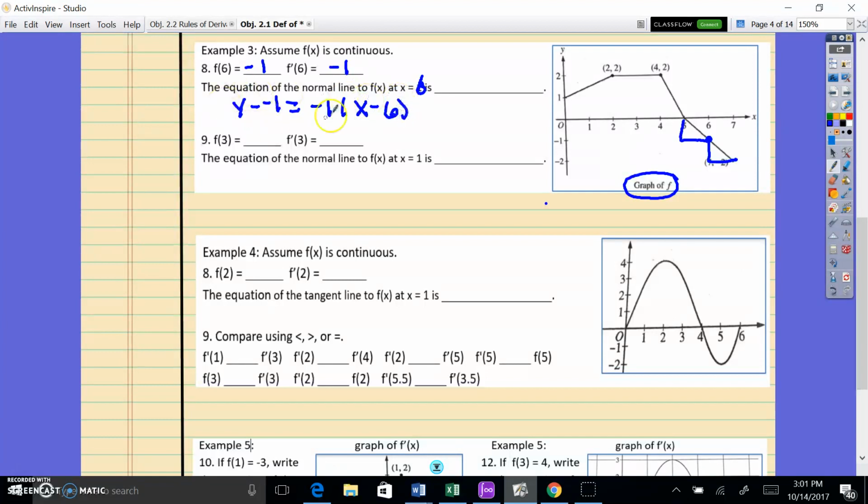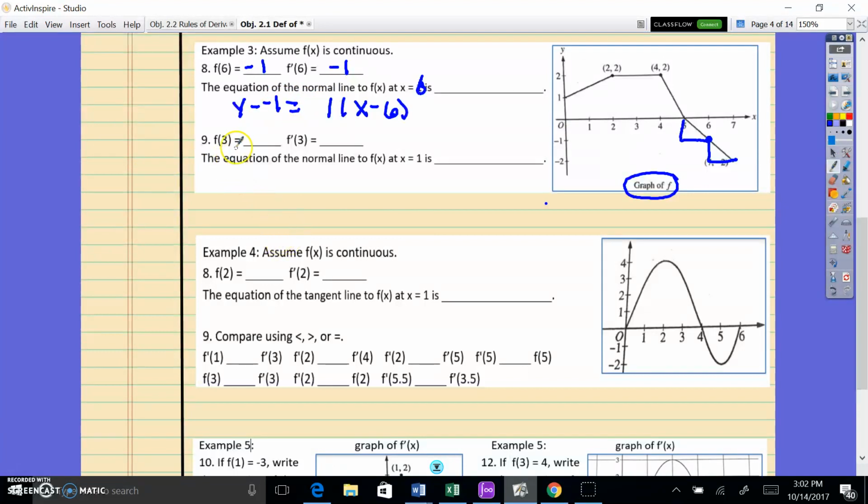Now, that's going to be the same equation as the equation of the line you see, because the tangent line and a line are the same. I do have to make one change here. Since it doesn't say tangent, it says normal, I actually have to change the slope. It has to be the opposite reciprocal. So the opposite reciprocal of -1 is just +1.